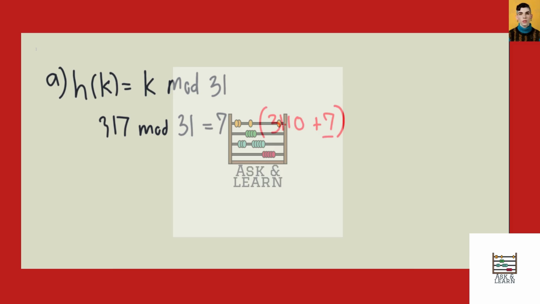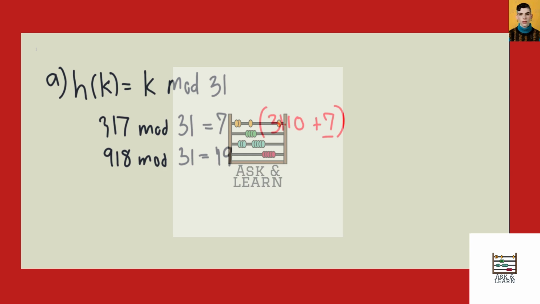Okay, so if we take 918 mod 31, the remainder we'll get for that one is 19.